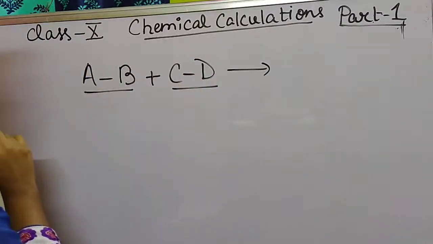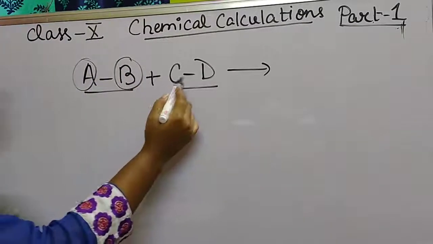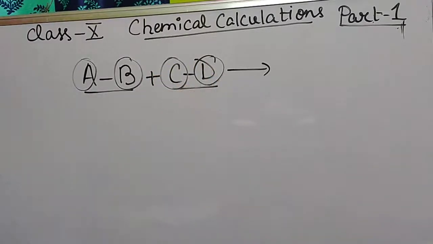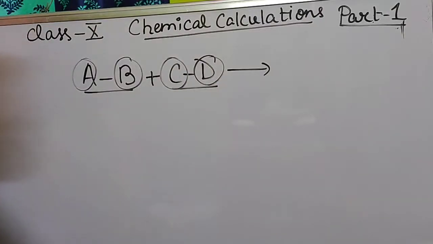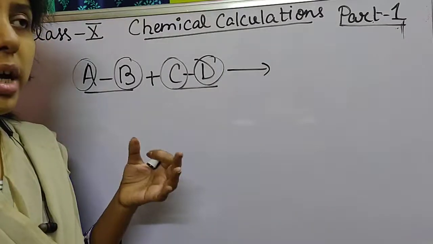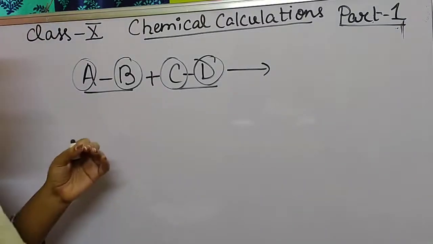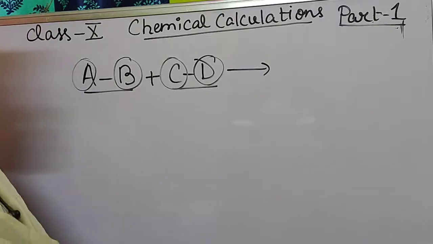In AB we can see two types of atom, one is A, another one is B, and in CD we could see two types of atom, one is C, another one is D. Whenever they react with each other, and this reaction could be in presence of some conditions like heat, temperature increase, pressure. So this type of conditions could be required for the occurrence of such a reaction. So after the reaction we will get new products, new substances.